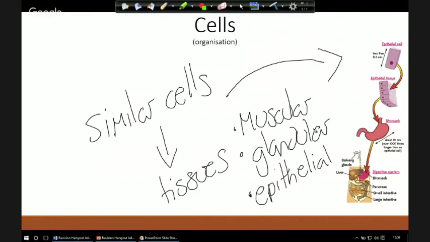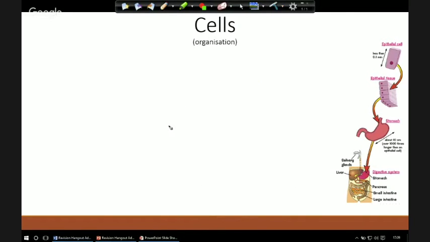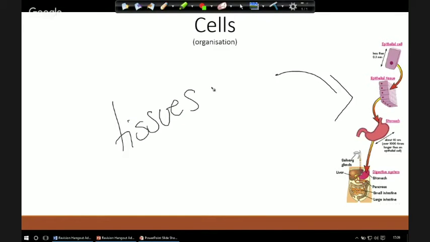Epithelial cells cover parts of the body, such as inside the gut. So these are the similar cells that work together to form a tissue. And the tissues themselves, different tissues, then work together to form an organ. And so an organ is simply different tissues performing a given function.